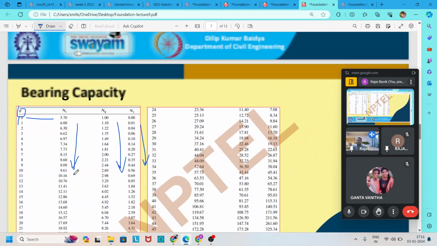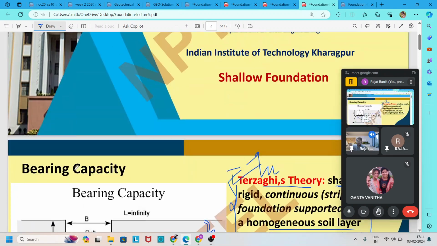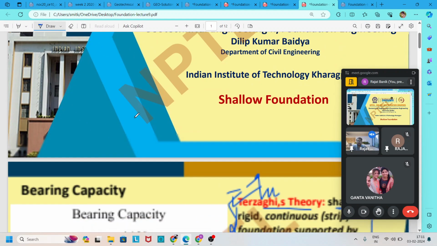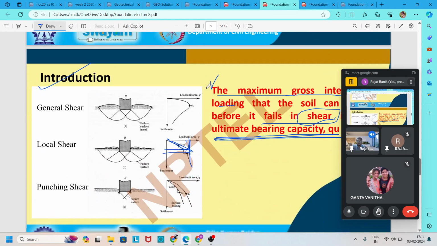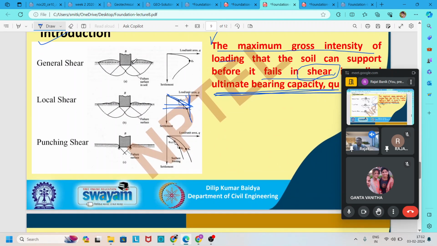And one thing I also told you about local and general shear failure, it is in the previous slide. Here it is. In general shear failure, we find a predefined failure surface, which is very visible, and heaving of the ground surface occurs.